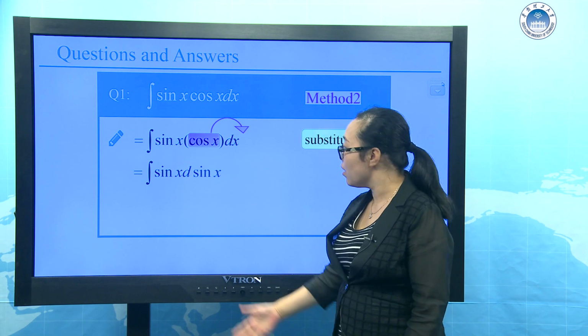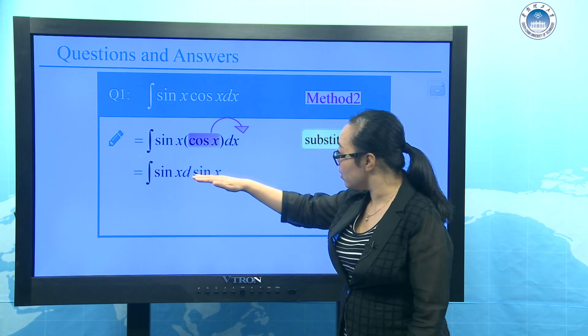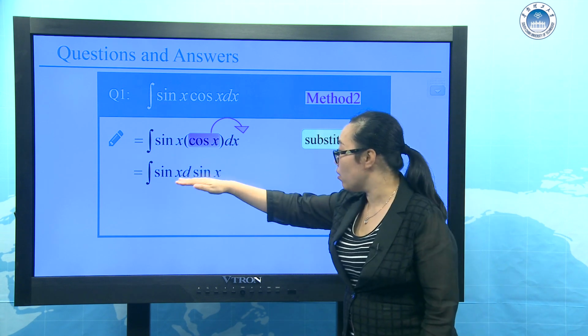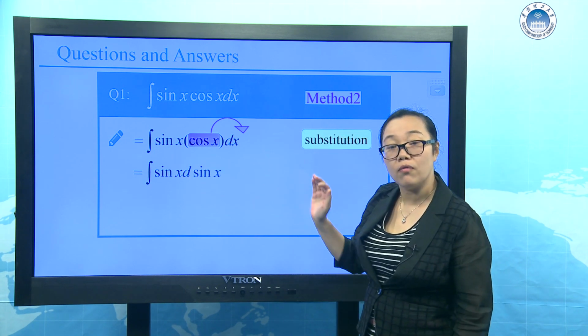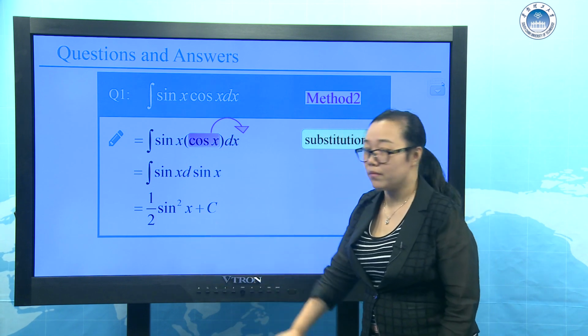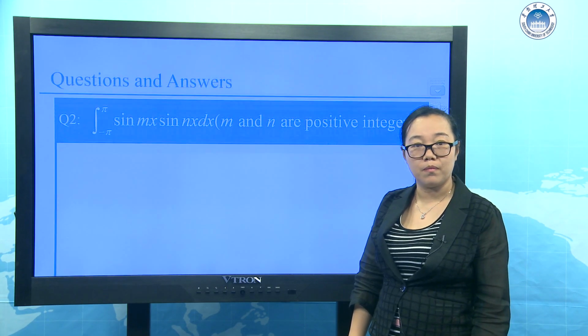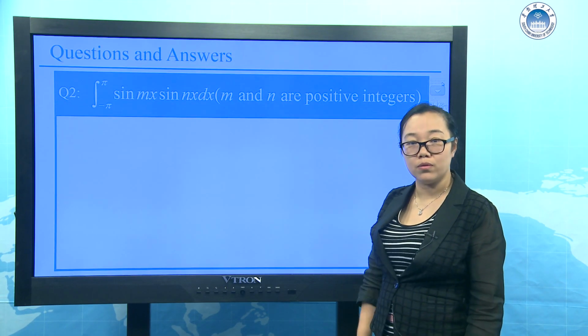So we can write it as sin x d sin x, which with the substitution becomes u du. So we get half sin x squared plus C. C is still any real number. Now look at question 2.